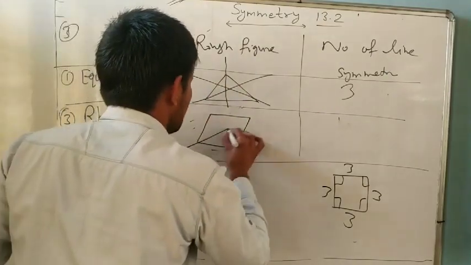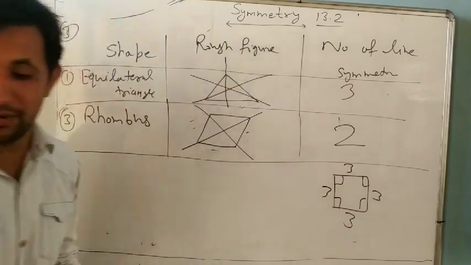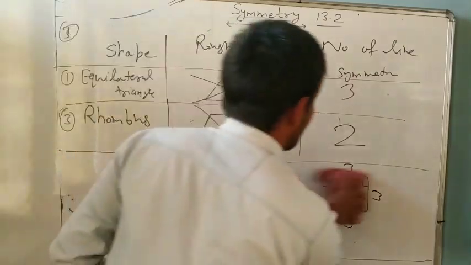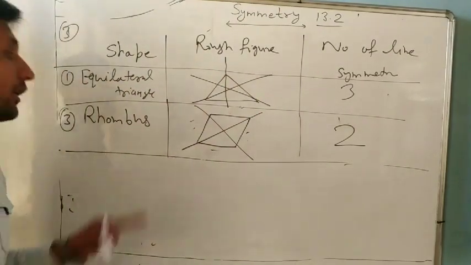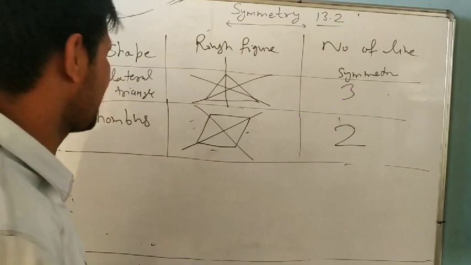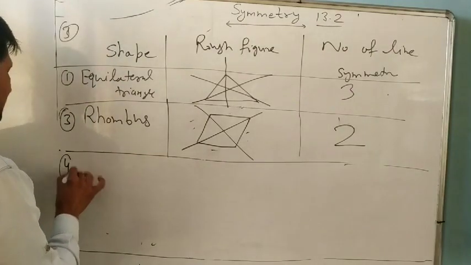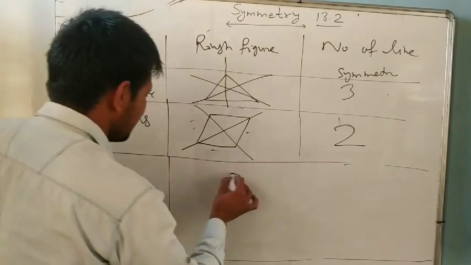So there are 2 lines of symmetry in a rhombus. In a square 4, in a rhombus 2, in a rectangle 2.